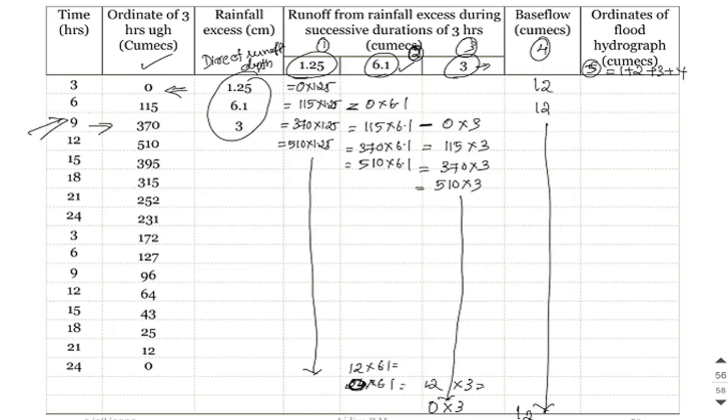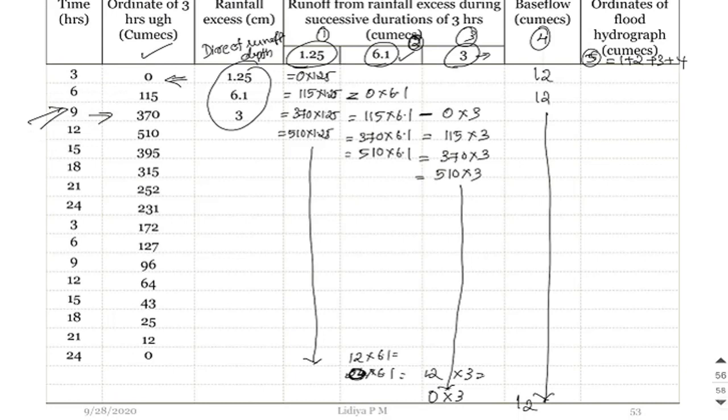You will get the total ordinates of the flood hydrograph. 1, 2, 3 represent the ordinate of the hydrograph due to each rainfall: excess rainfall 1.25, another 6.1, another 3, and the base flow. Add all the values and you will get the ordinate of the flood hydrograph. So this is the final value.